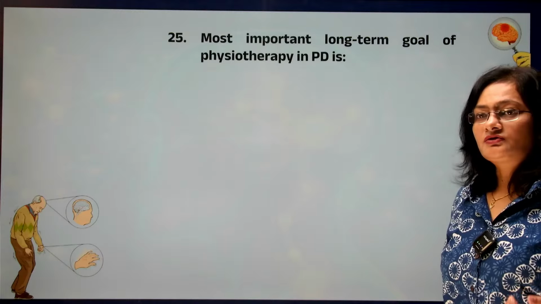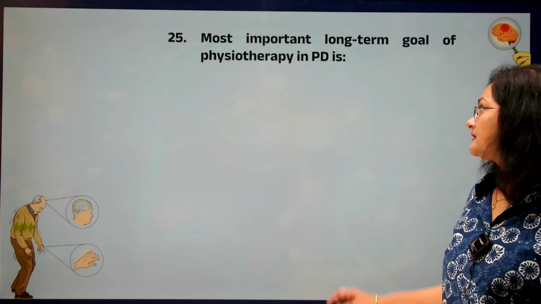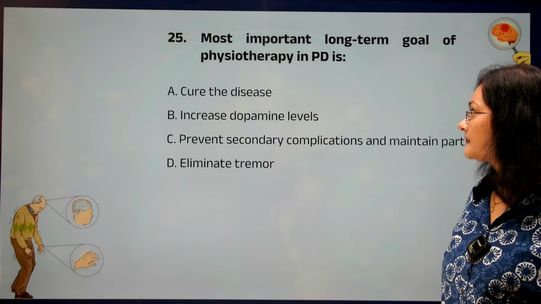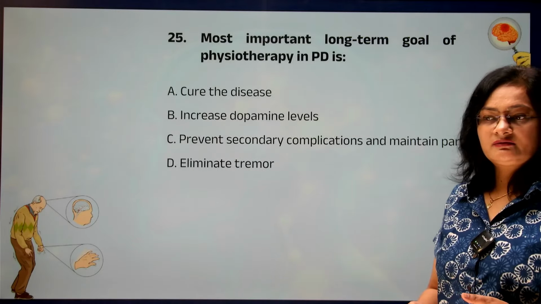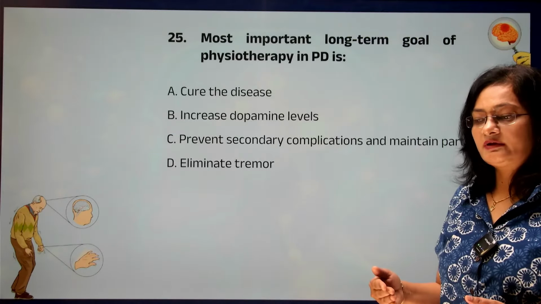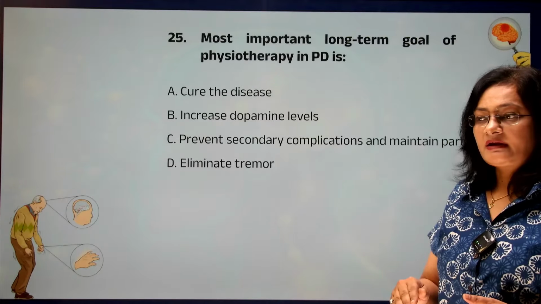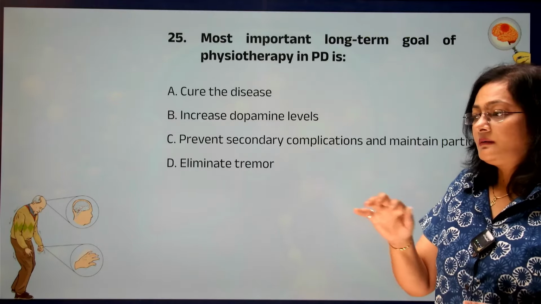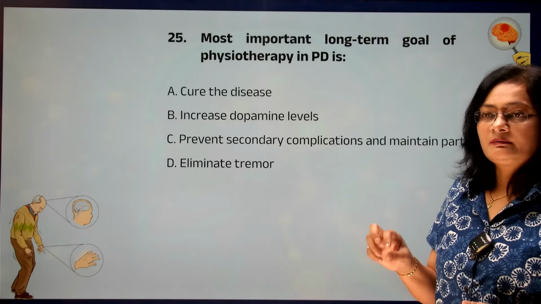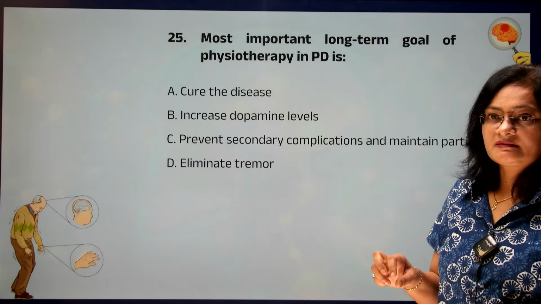Most important long-term goal of physiotherapy in Parkinson's disease: cure the disease, increase dopamine level, prevent secondary complications and maintain participation, or eliminate the tremor. This is a neurodegenerative disease, so cure is not possible. Only symptomatic management, controlling or managing the symptoms, will be the main priority of the physiotherapist.